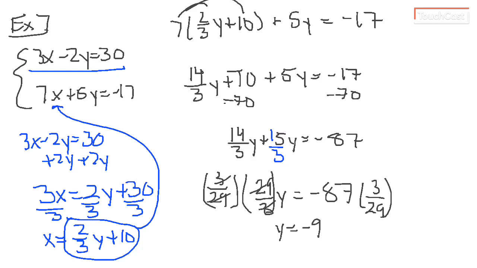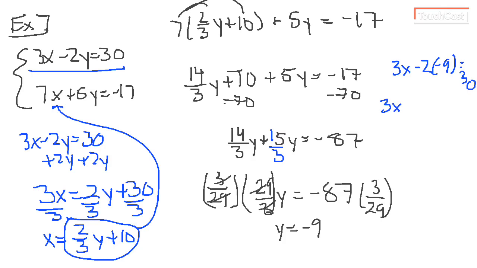We just have to solve for x. So I'm going to go and plug it into the first equation. So I'm going to go 3x minus 2 times negative 9, and that has to equal 30. Well, 3x is just going to be 3x.